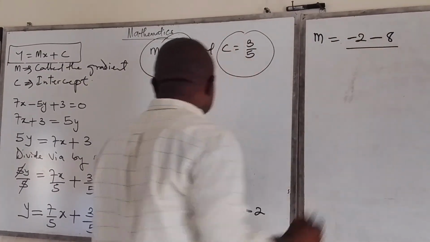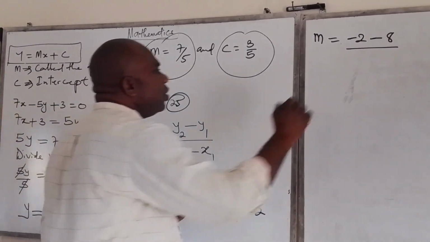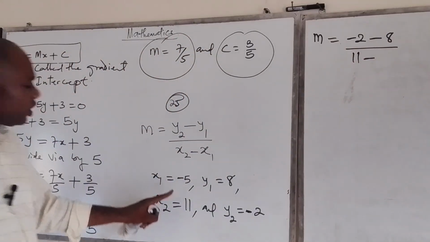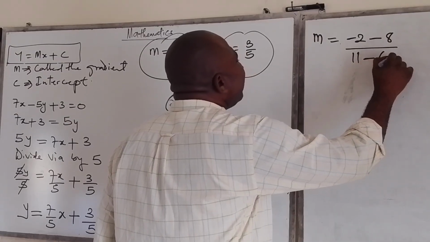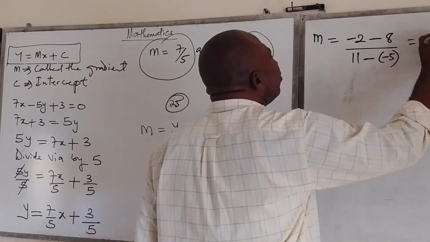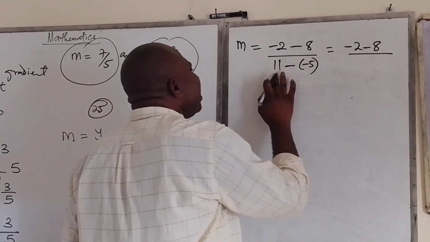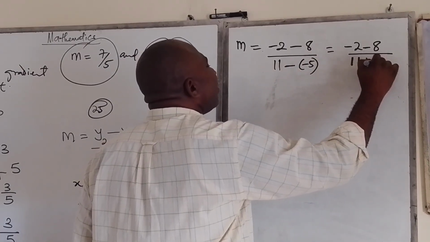Now all over, we have x2, the value of which is 11, minus the value of x1, and our x1 is minus 5. So here we have minus 2 minus 8 divided by 11 minus minus 5, and that will change to 11 plus 5.